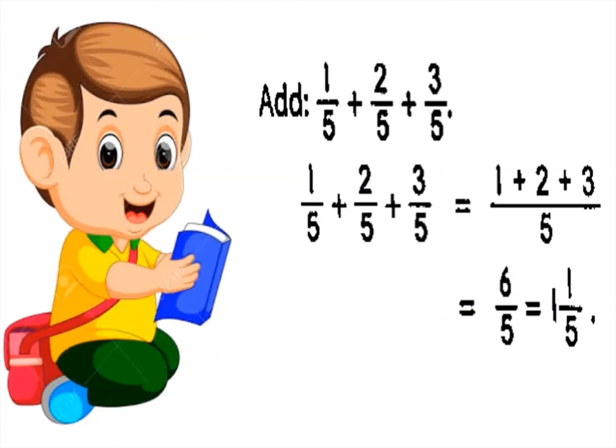We take the next example of addition. That is 1 upon 5 plus 2 upon 5 plus 3 upon 5. So here we can see the denominator, that is 5, is the same in all the fractions. So we can say these are like fractions.